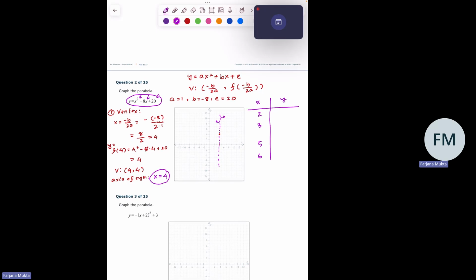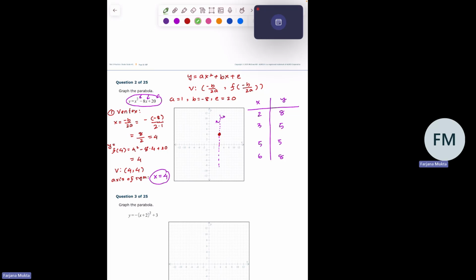I calculated that the y value is equal to 8 if I substitute 2. If I substitute 3, I get 5. If I substitute 5, I get 5. If I substitute 6, I get 8. So these are my 4 ordered pairs. Now let's go ahead and plot them. That was the vertex. Let's make it a little bit bigger.